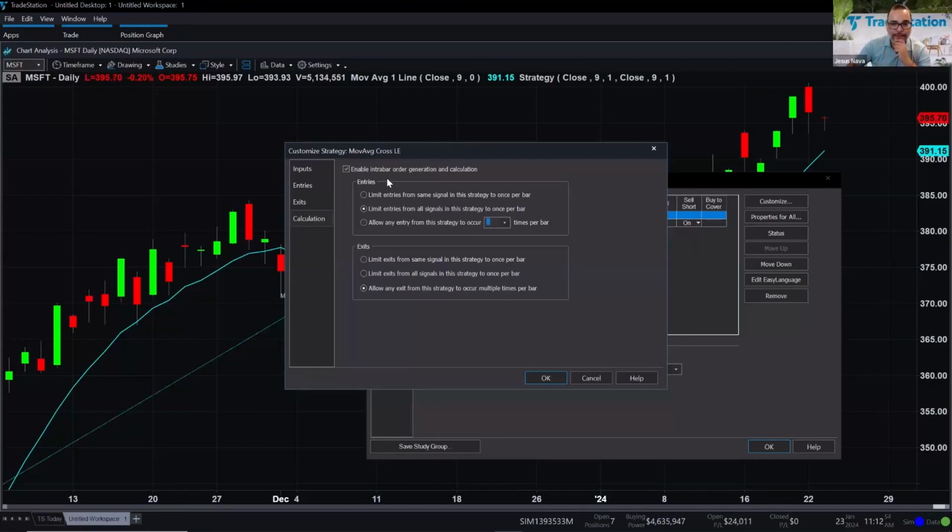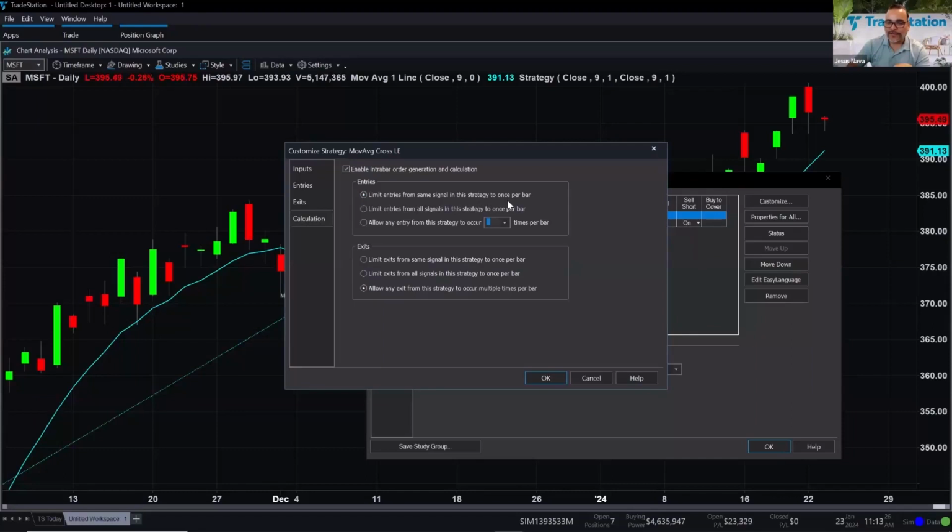For example, the bullet point here that is selected is limit entries from all signals in this strategy to once per bar. So you are allowing the strategy to generate the entry within the bar, but only do it once. I don't want you to do it multiple times within that bar, which is one of the options. Of course, you have other options here. For example, I can set it to a maximum of 3, and then limit the entries from the same signal to once per bar.